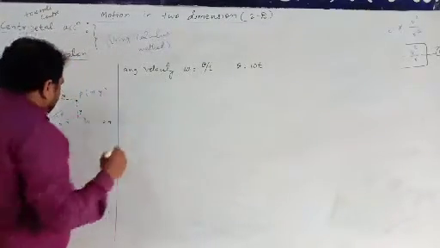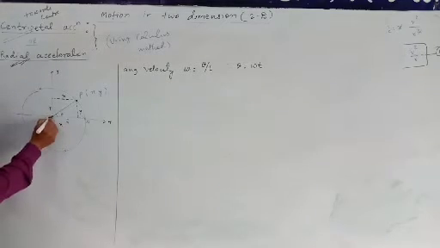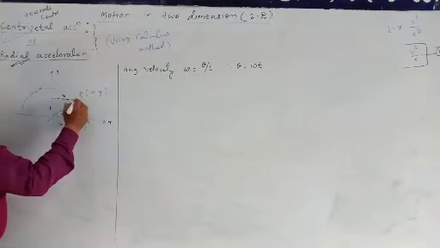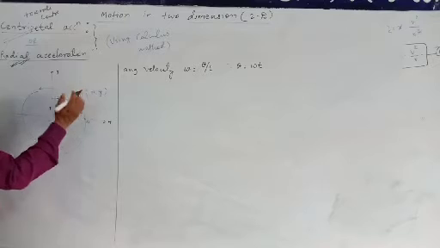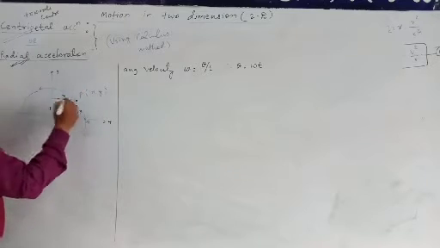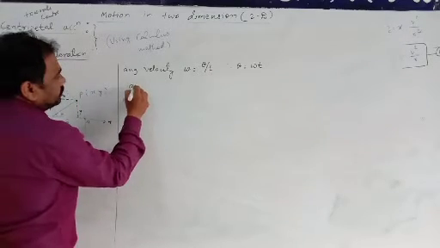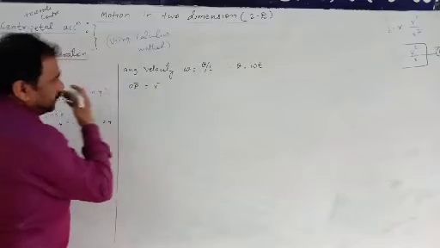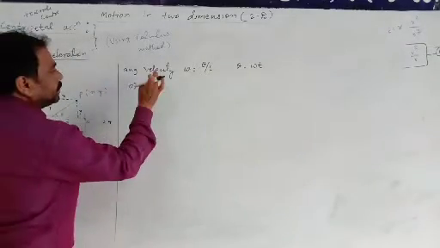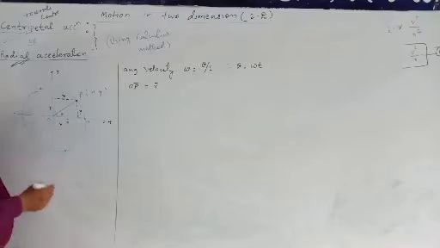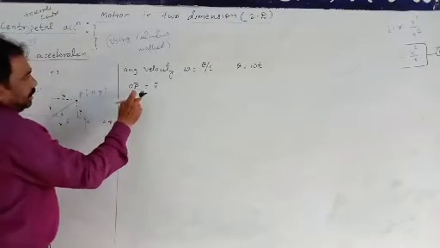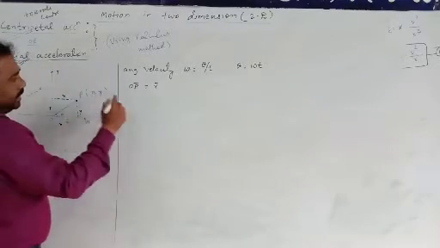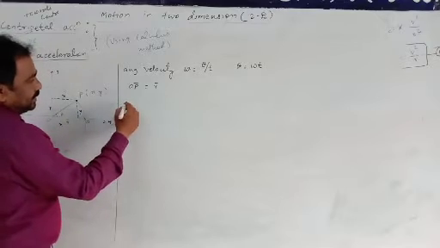Now here the center of the circle is O and the point at which the particle reaches is point P. So vector OP represents the radius vector, vector r. With the help of this diagram we can find the values of cos theta and sin theta.